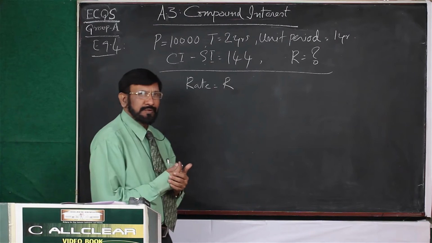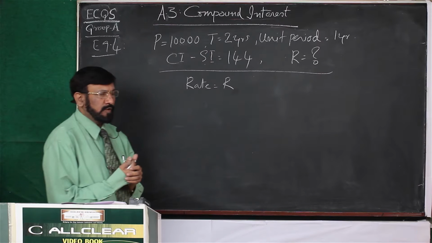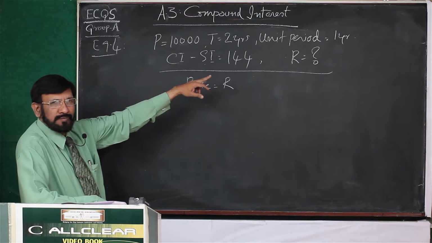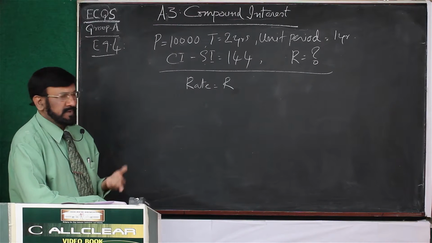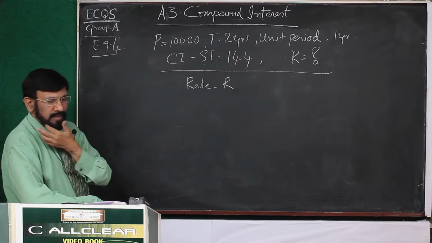The simple interest formula you know, PTR by 100, that you apply. So compound interest minus simple interest is equal to 144. Then you can get an equation. By resolving the equation, you can get the R value.